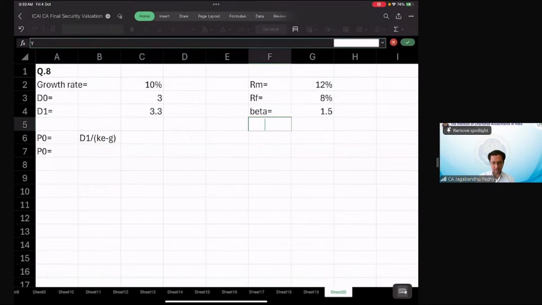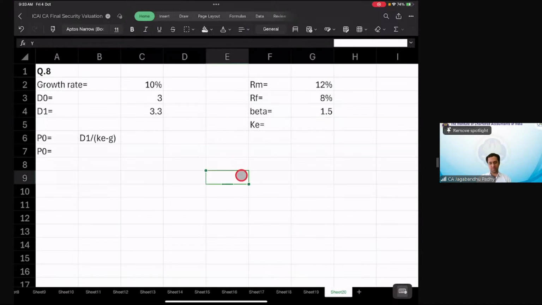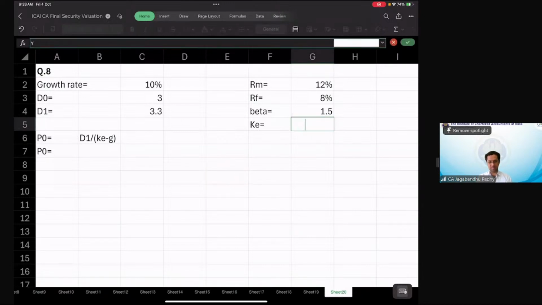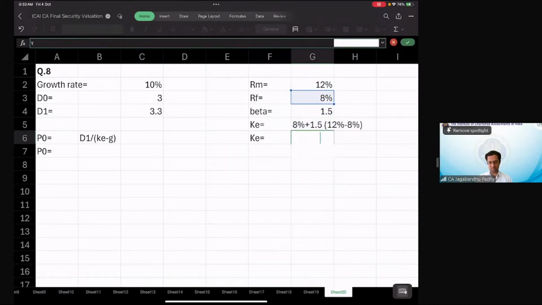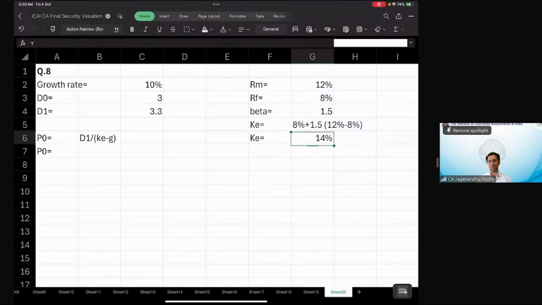For KE, we'll have to use the CAPM model. So for KE, CAPM will be 8% plus 1.5 multiplied by 12% minus 8%. So KE works out to be 8% plus 1.5 multiplied by 4%. Yeah, KE is 14%.